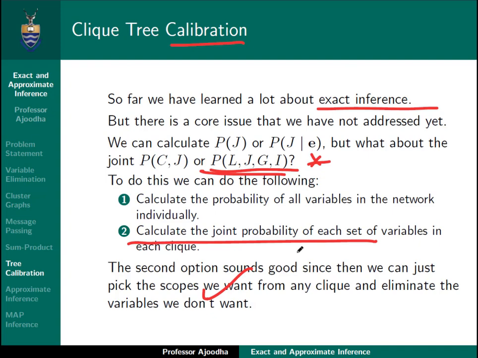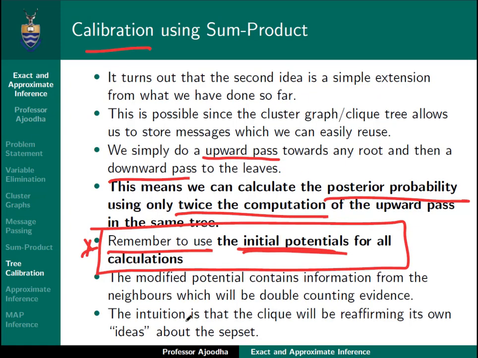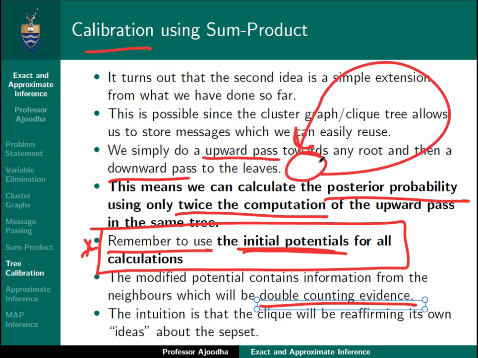The reason you need to always use the initial potential is because if you don't, you'll be counting the same evidence twice. You'll be double counting evidence, which is not good. It's like the clusters sharing information about particular variables, which goes around the cluster graph and then comes back to the same cluster, and the cluster gives the same information that it spread around, which makes it reaffirm its own ideas about the subset.